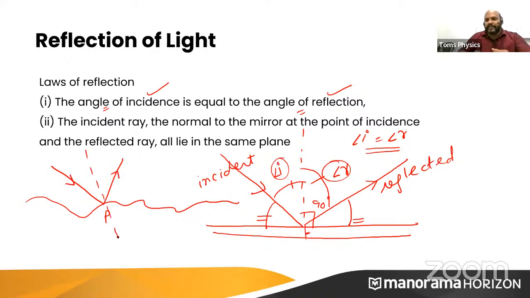If we don't measure with respect to the normal, what happens here? Are these two angles equal? If we are using only the surface to measure, will the reflection of light law be valid for the surface? If we are using the surface for reference, not the normal, will this law work in that case?